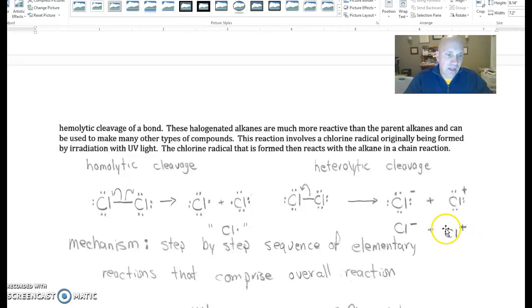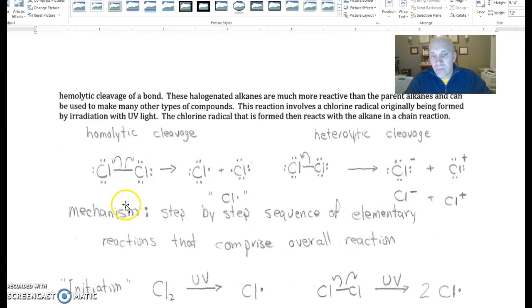You could represent that like this. Again, the person would ask how many electron pairs chlorine would have to have in order for it to have a +1 charge, and you could figure out that it would have to have 3 electron pairs. So just keep in mind that when we're doing these mechanisms, and we'll be doing some more mechanisms in this unit, a lot of times we're going to be using shortcuts where we just show this rather than having to draw in all of those lone pairs.